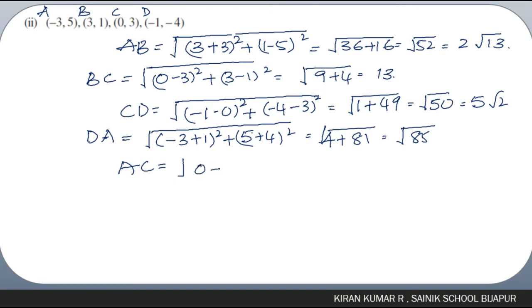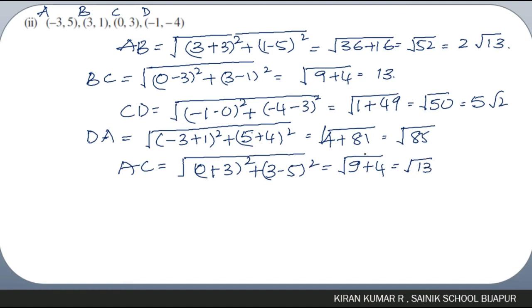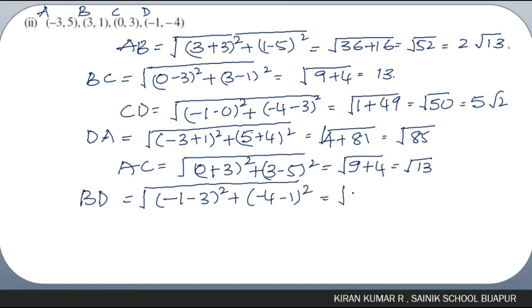It is (0 − (−3)) whole square plus (3 − 5) whole square. We get root 9 plus 4, which is equal to root 13. Let's find the length of BD. It is root of (−1 − 3) whole square plus (−4 − 1) whole square. Root of 16 added to 25 is root 41.